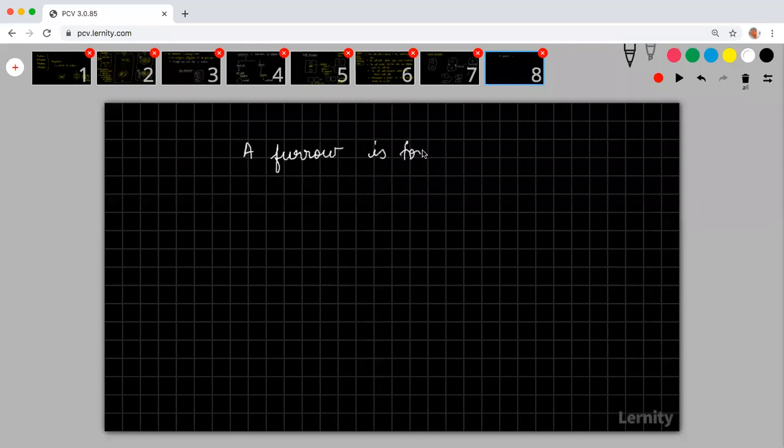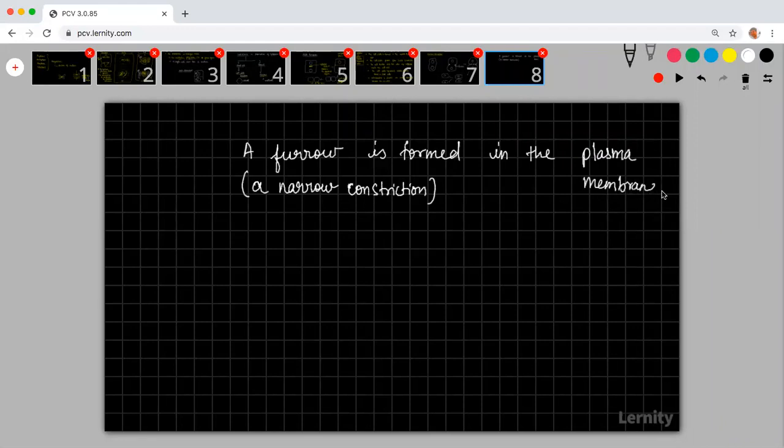A furrow is formed. What is a furrow? A narrow constriction. Constriction means a small dent is formed in the plasma membrane. The furrow starts to grow in the inward direction.